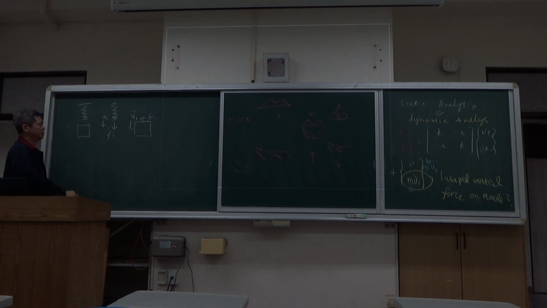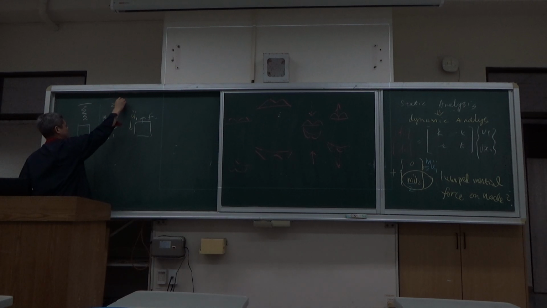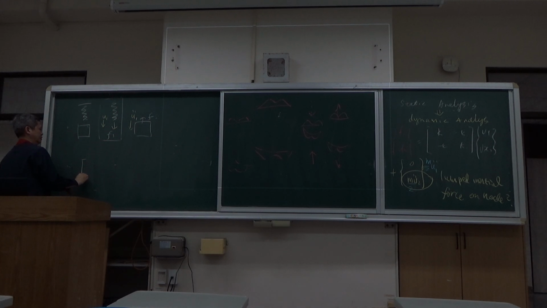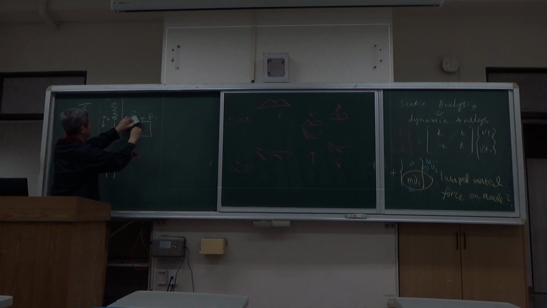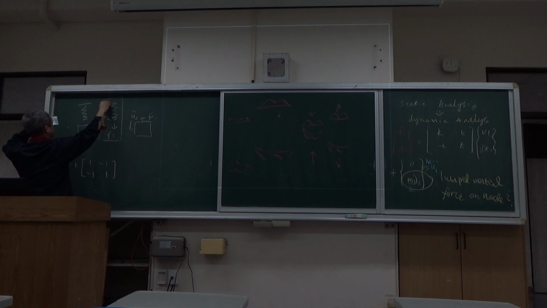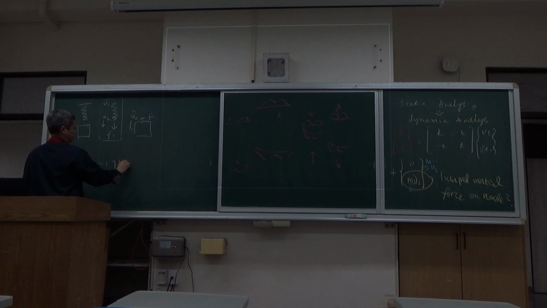Okay? So if you do this in the finite element way, you can write the stiffness matrix k, 1, minus 1, minus 1, 1, and then the displacement. I will change it: this is U2 for the bottom, U1 for the top. Then what are the forces?